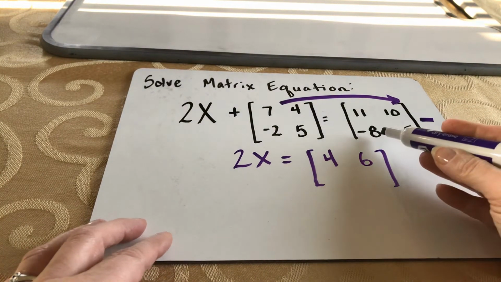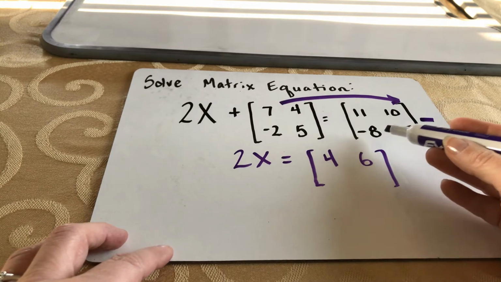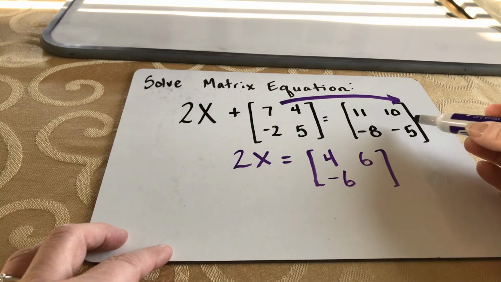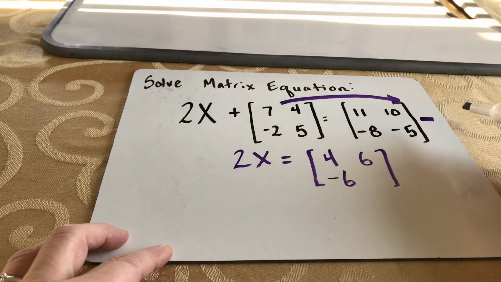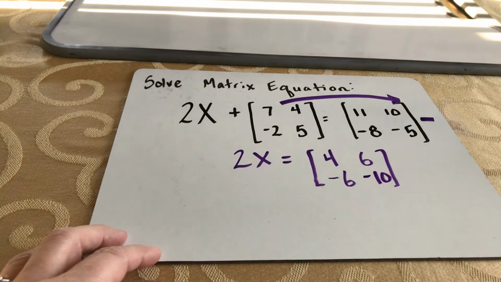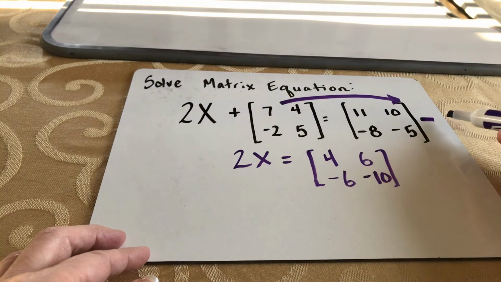We're going to take a negative 8 minus a negative 2, which will give me negative 6. We're going to take a negative 5 minus a 5. That should give me negative 10. So we subtracted this matrix over to the other side.